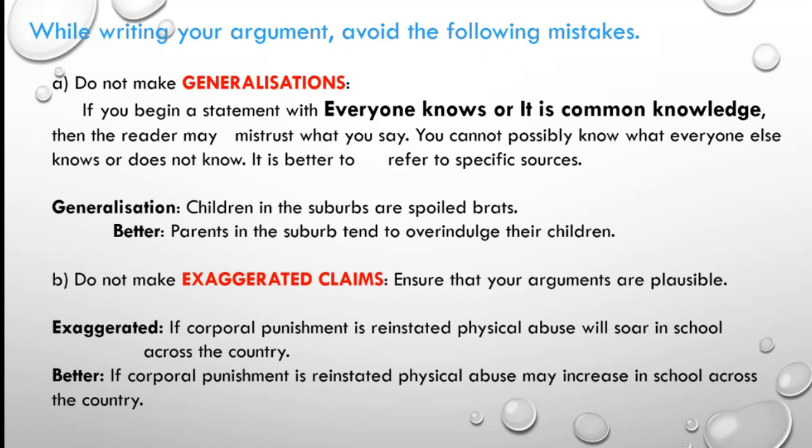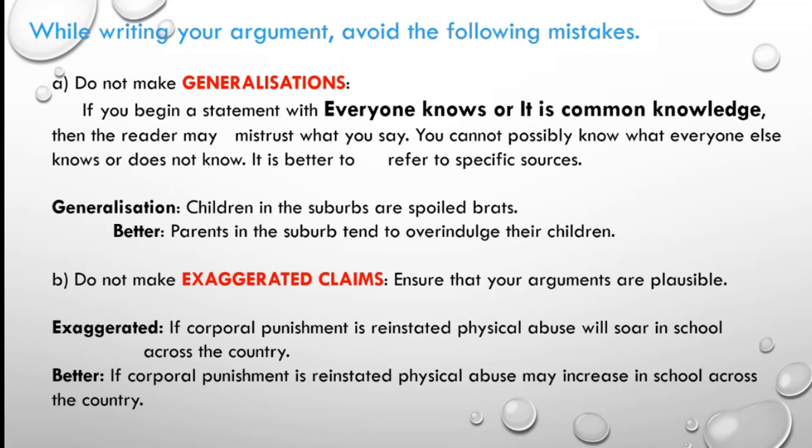Avoid exaggerated claims as well. So just avoid statements such as, if corporal punishment is reinstated, physical abuse will soar in schools across the country. Rather say, if corporal punishment is reinstated, physical abuse may increase, so that it doesn't become exaggerated. If you say will soar, you are exaggerating because there's a high degree of certainty in will.